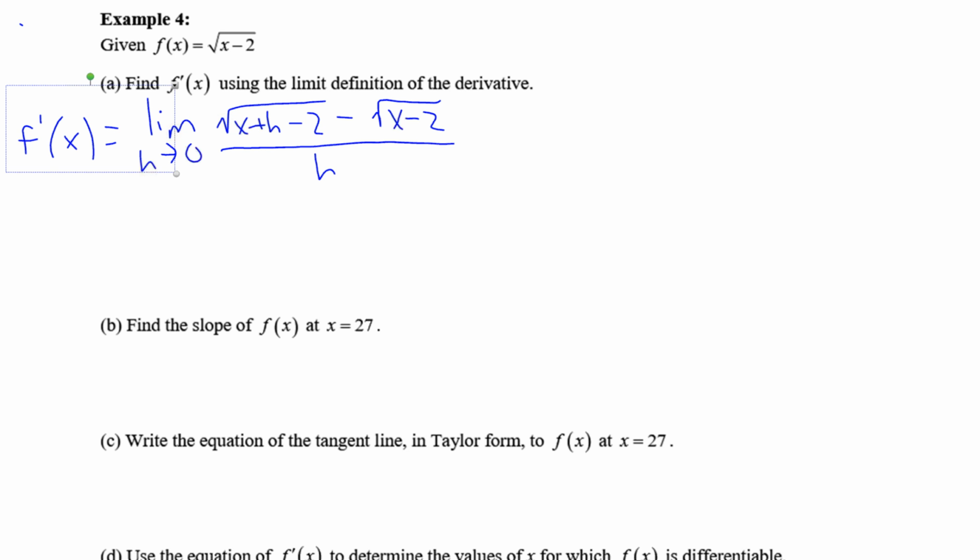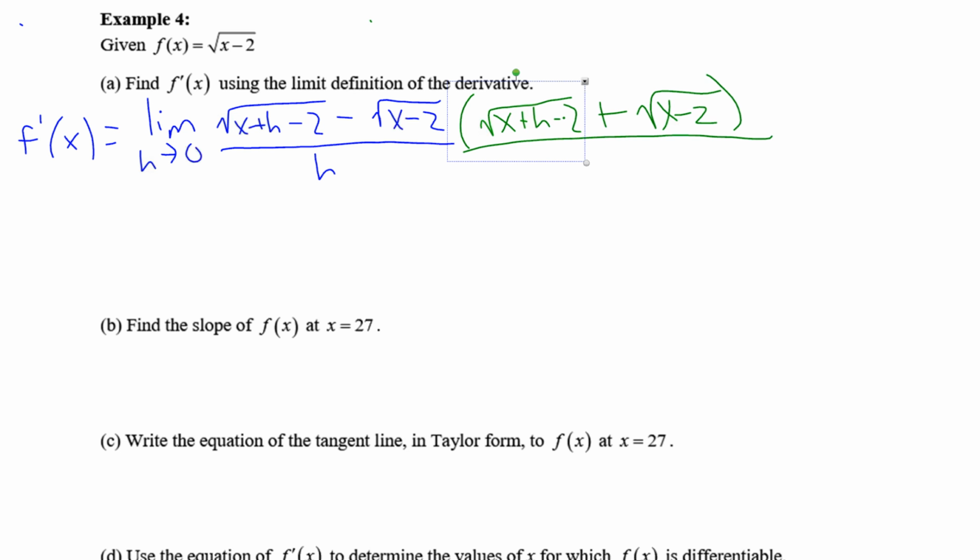Okay, so we can't just plug in 0 for h. We'd like to, but then we get 0 over 0, and we know that's a problem. Good thing we had that whole chapter on figuring out how to work with limits. We're going to multiply by the conjugate: square root of x plus h minus 2 plus square root of x minus 2. And remember, you can't just multiply by anything you want. You have to multiply by 1 if you don't want to change it.